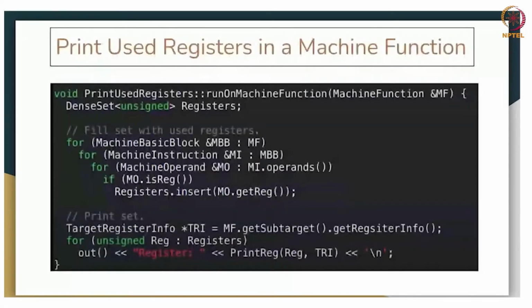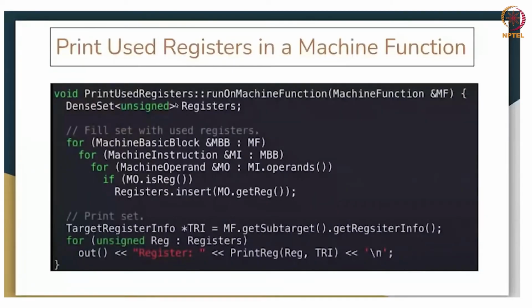This is a simple code where you are iterating over a machine function, in runOnMachineFunction. This machine function is an argument, the variable MF. Here, what you are doing is looking at the used registers.